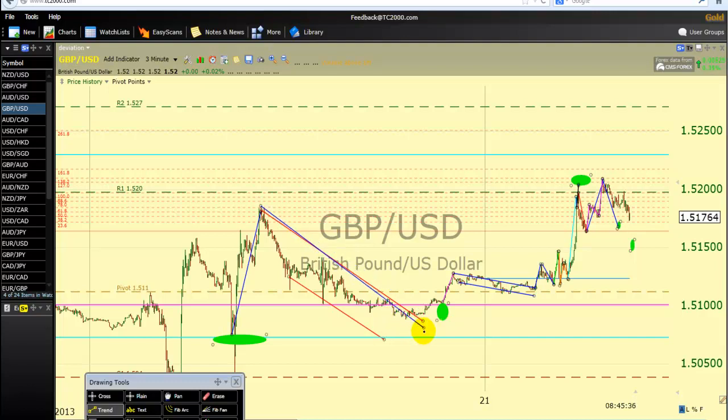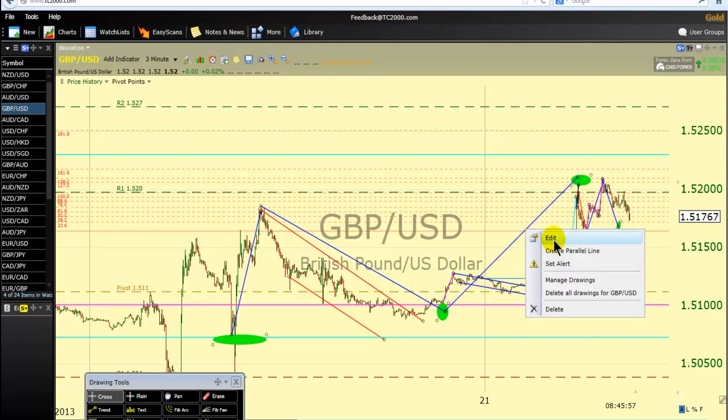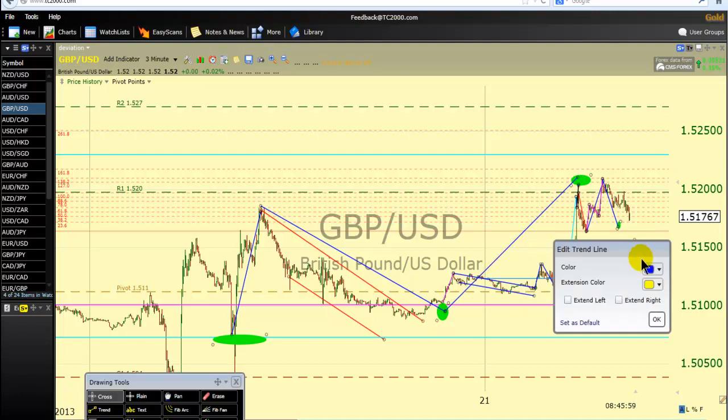Can you see now? In fact, we can see the second wave to the green line here. This is another first wave, second wave. The third wave is from here all the way up here. That third wave has been divided into 5 sub-waves.